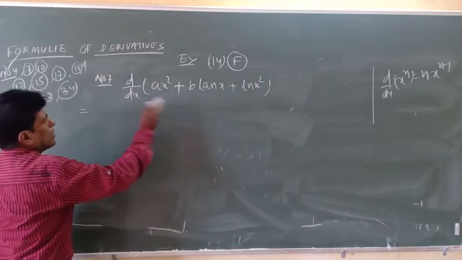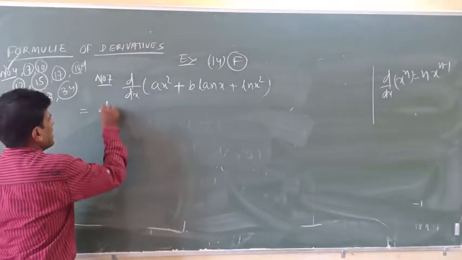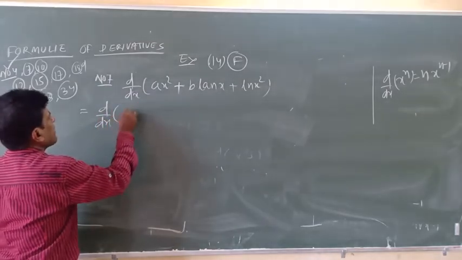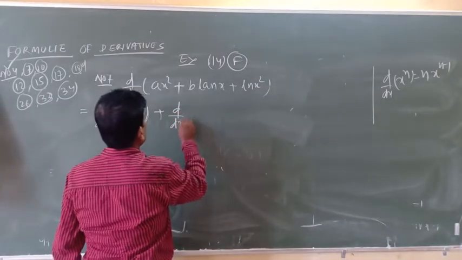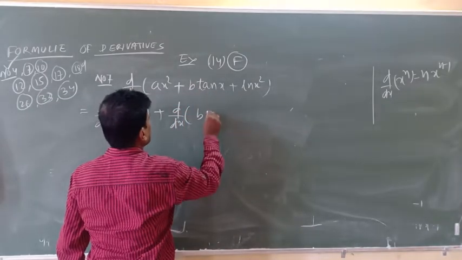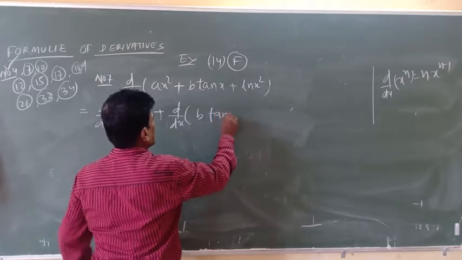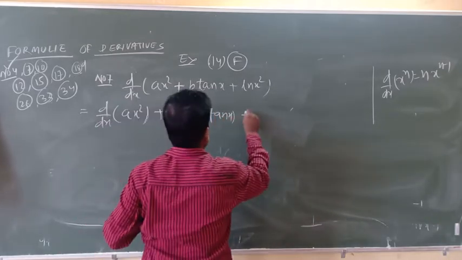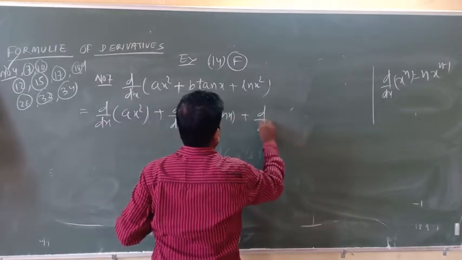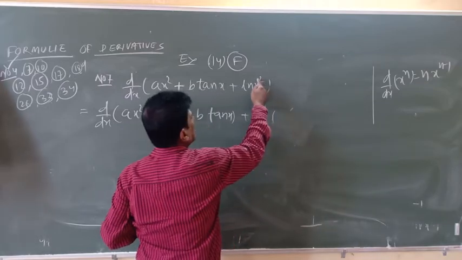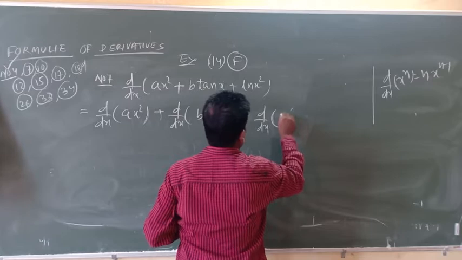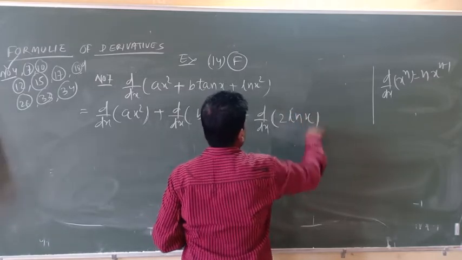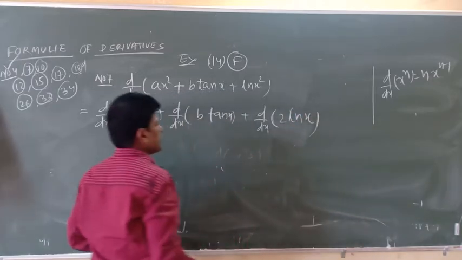You look, using algebra of derivatives addition formula, d by dx of ax square plus or d by dx of b tan x plus or d by dx of, here x square is 2 is coming to front of the logarithm because the logarithm function is here, 2 ln x, 2 is the power of x.